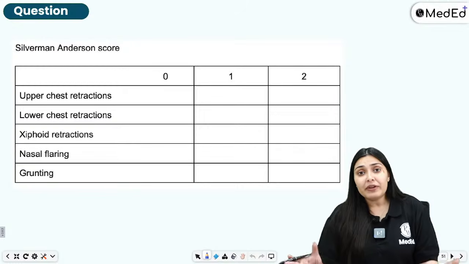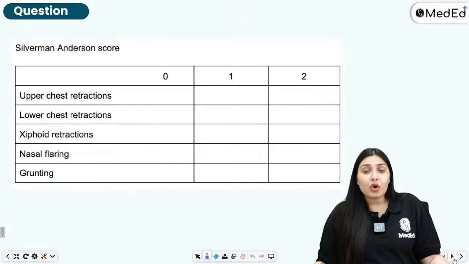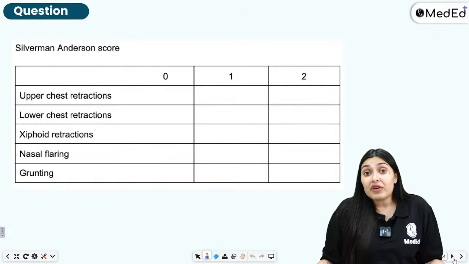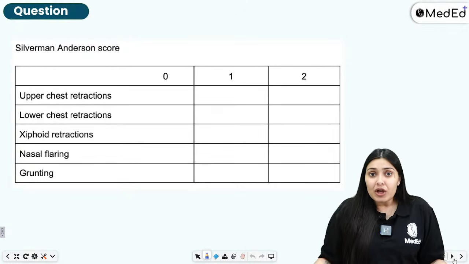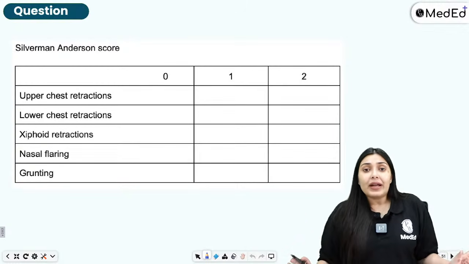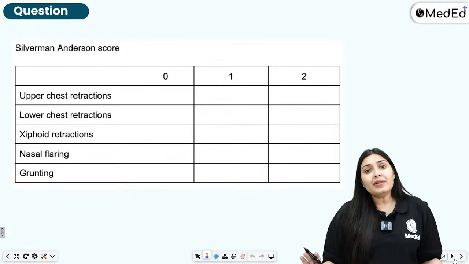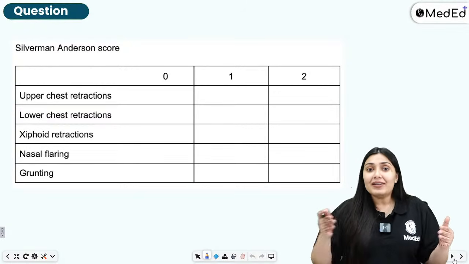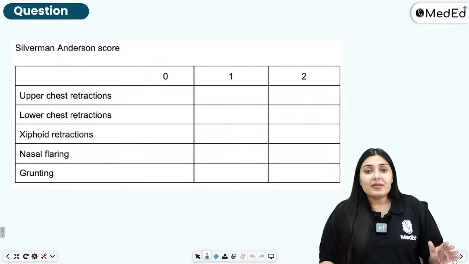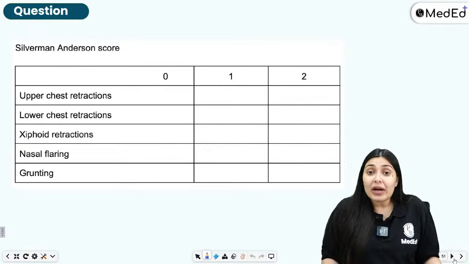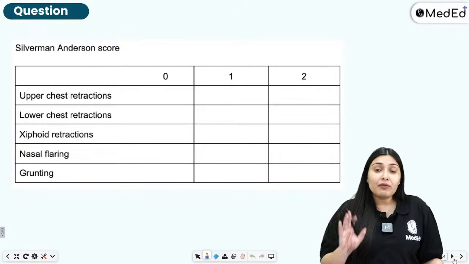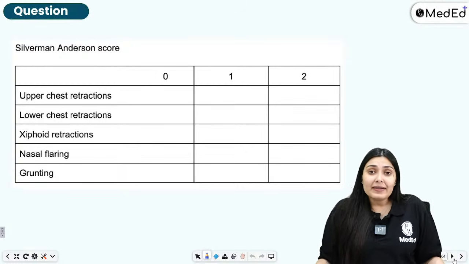For example, if you are on night duty and a newborn comes in respiratory distress, you manage the child throughout the night, and by the morning the respiratory distress has decreased. The consultant comes on rounds and you say, sir, this child came at 2 a.m. I gave proper management, I stayed awake the entire night and now the child is improving.